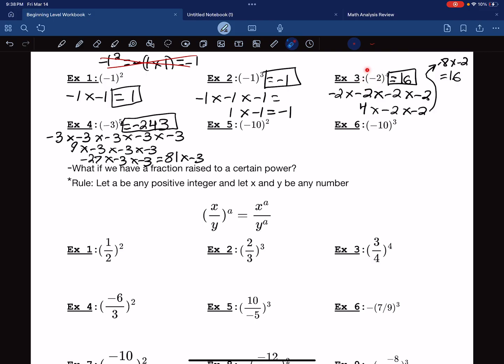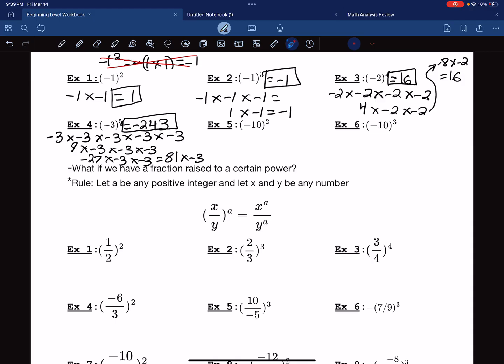Looking at example 3, we have an even number as our exponent, and we got out a positive number, like how we did in example 1. When we had an even exponent, we also got out a positive number. And looking at example 4, when we had an odd exponent, we got a negative number, just like we did in example 2 with an odd exponent of 3.